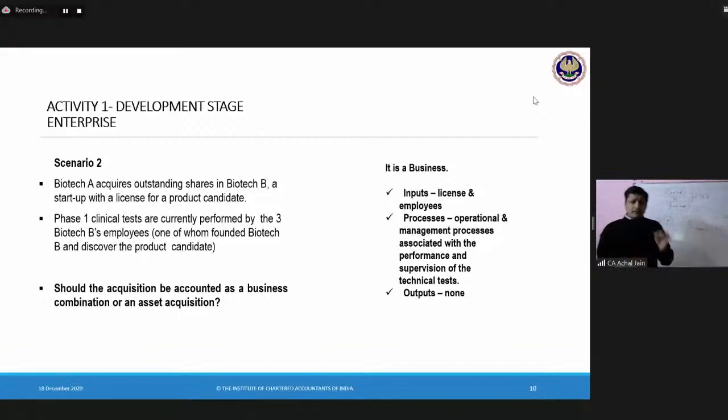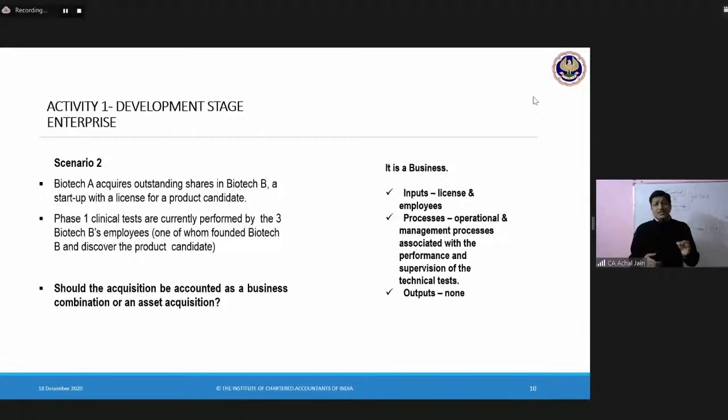But currently, can we say that these processes and inputs are generating any output? No, there's no output right now. But still, can we say it can be considered as a business? Yes, because it's a development stage entity. Any development stage entity will not necessarily have any output because the output may take some time to be generated.